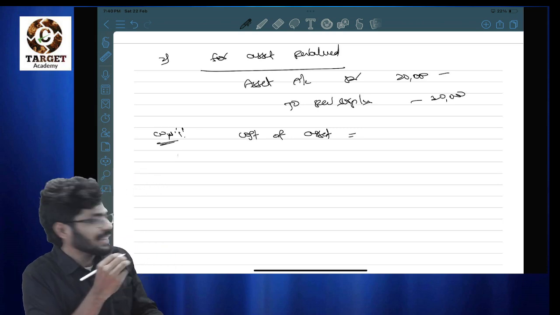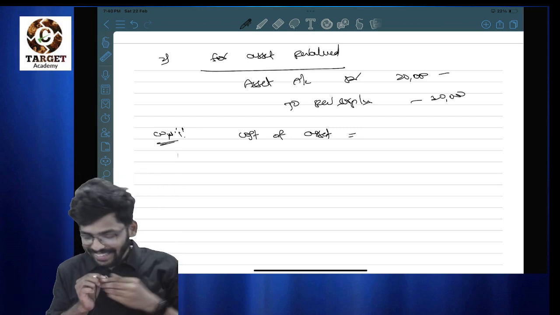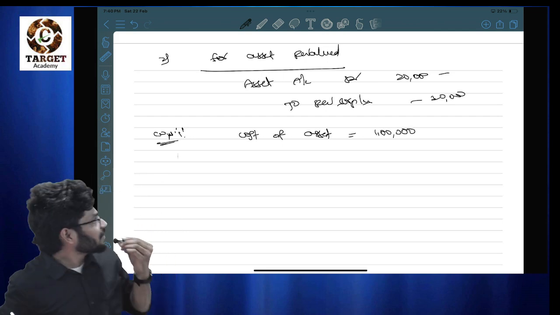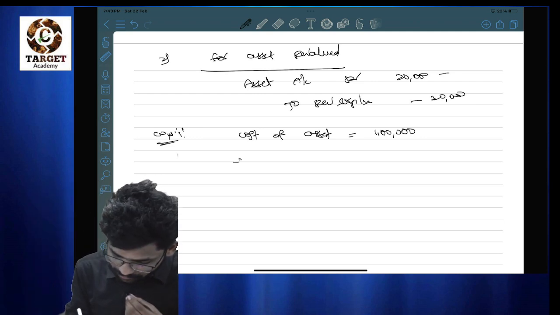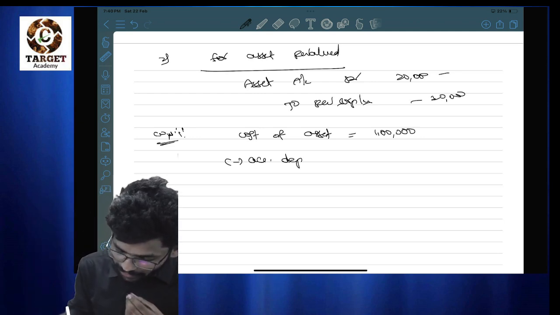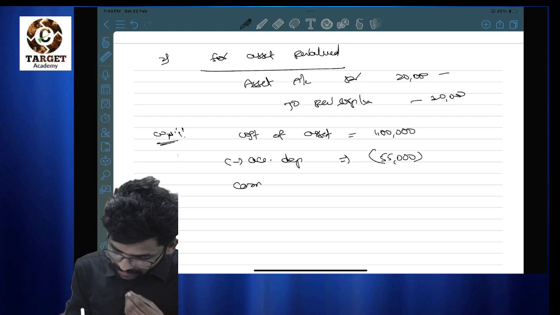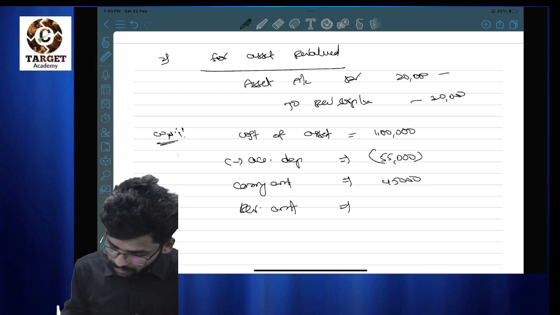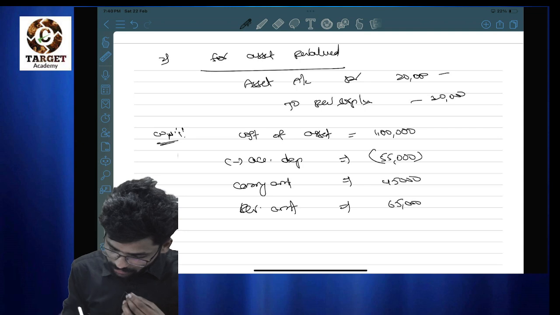If they have given it for 7 marks or 8 marks. Clear? So cost of the asset 1 lakh, accumulated depreciation 55,000, carrying amount 45,000, revalued amount 65,000.